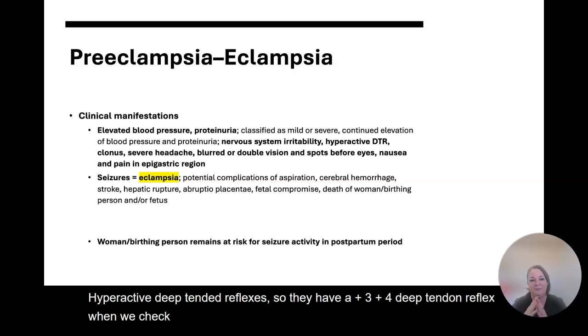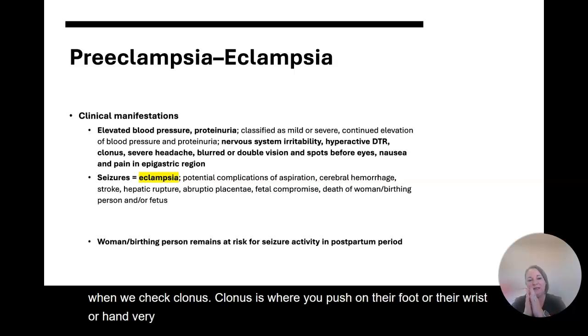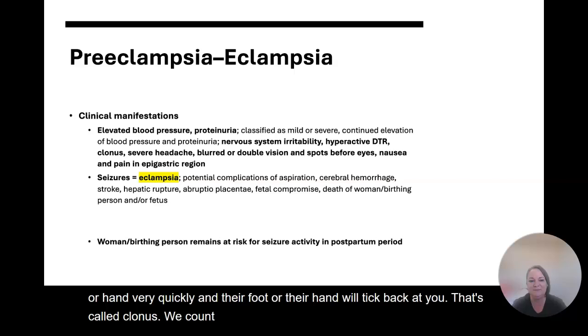Clonus. Clonus is where you push on their foot or their wrist or hand very quickly, and their foot or their hand will tick back at you. That's called clonus.